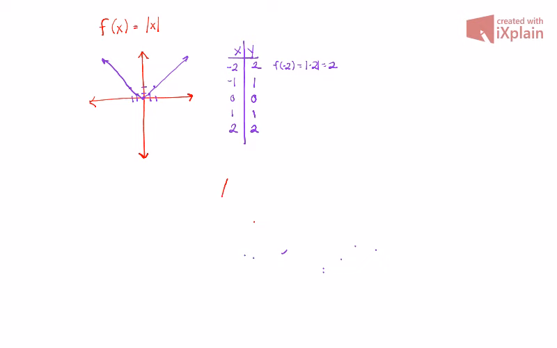Okay. So again, let's talk about now if I were to change this up. So instead of f of x is equal to the absolute value of x, this time I'm going to do the absolute value of x minus 3. And what I want you to note here is that the -3 is going to cause a shift. Okay? It's actually going to cause things to move downward. Okay?